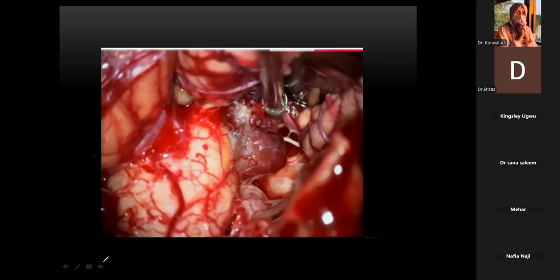When we are entering the medulla oblongata, we have only four zones to enter. One is on the anterior side, which we call the anterior median sulcus. When going anteriorly inside the medulla, we enter through the anterior median sulcus.